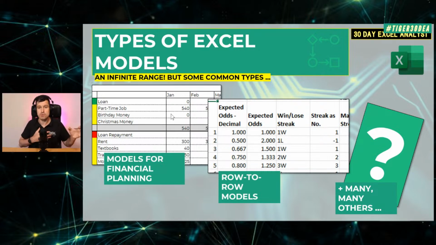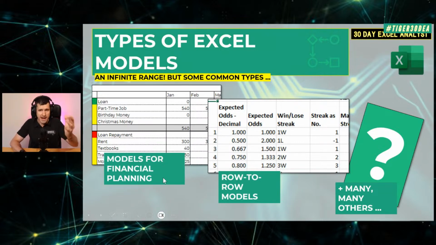There your inputs would be your expenditure for the month and your sources of income for the month, and they would be calculated. That would be your process, giving you a subtotal for each month, for example, and it would work towards an ultimate output of a total for the year. Perhaps that's what you're most interested in. So we've got input, process, output, a calculation chain, and some useful insight.